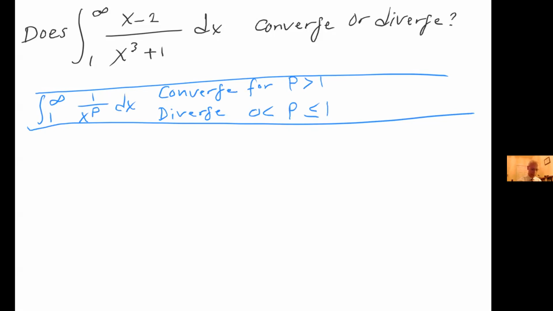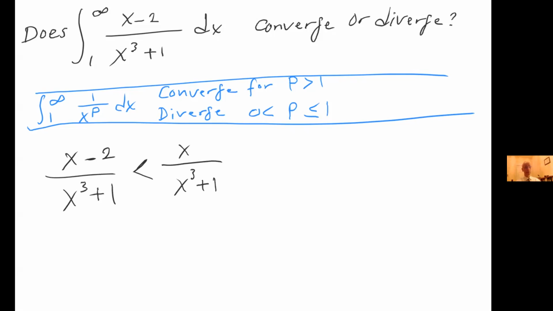Now I want to see what I can compare (x minus 2) over (x cubed plus 1) to. Notice that negative 2 makes the numerator smaller, so I can claim that this is smaller than x over (x cubed plus 1).